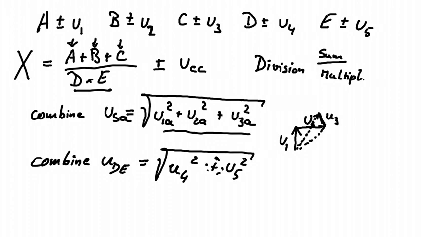When we work with multiplication and division, we must take the relative uncertainties. So we have the squares of the relative uncertainties, and we know how we get the relative uncertainty. So we could get U4R. We get this by U4 divided by D times 100. And U5, we would get it in a similar way. So we get the relative uncertainty for the multiplication here in the denominator.